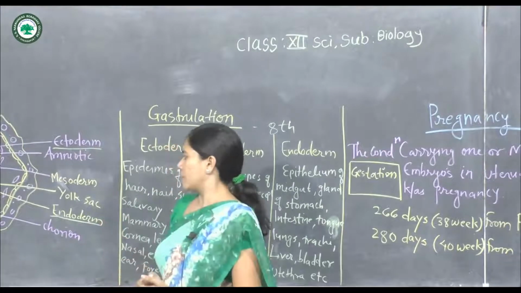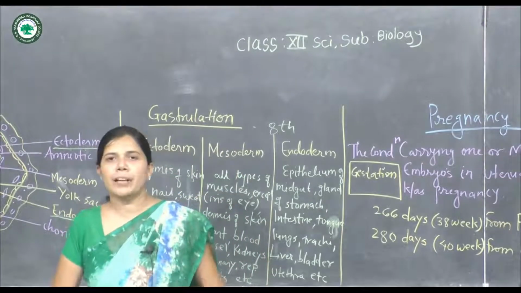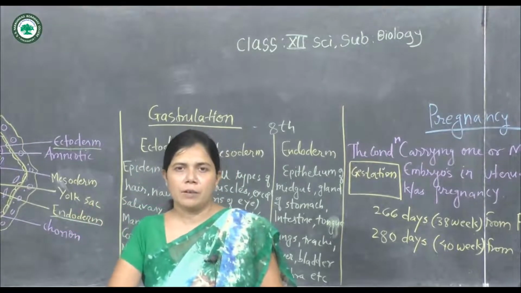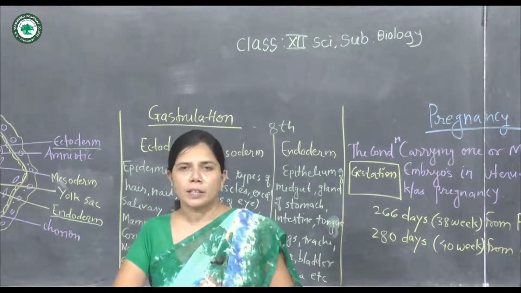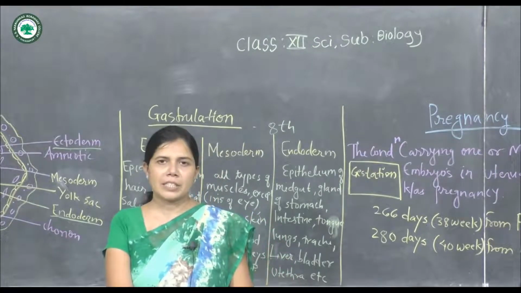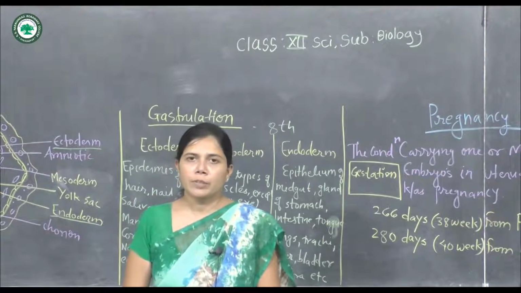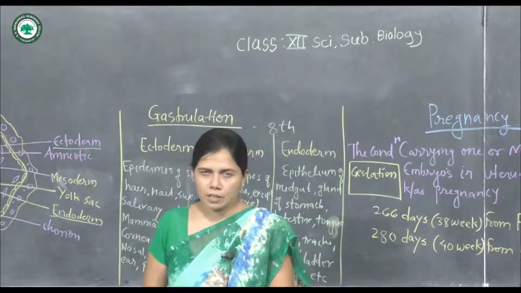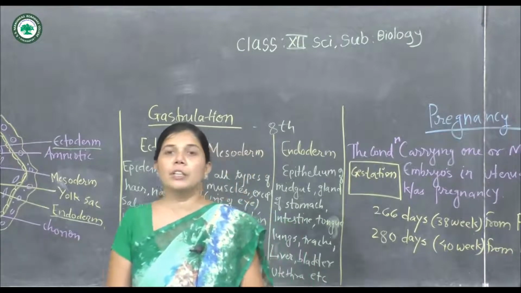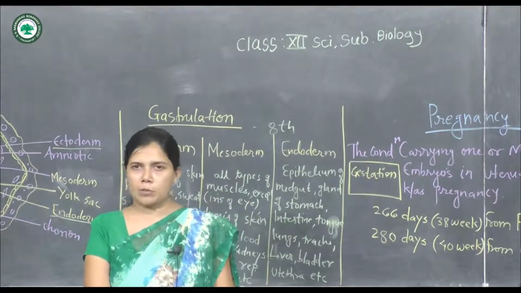From the hypoblast, the endoderm forms by division, rearrangement and migration of cells. It is the first germinal layer differentiated from the blastocyst.